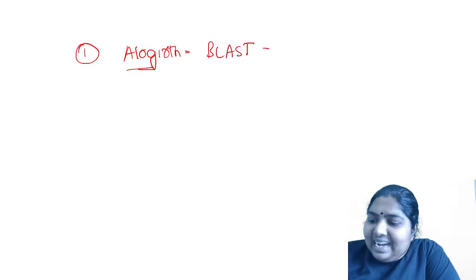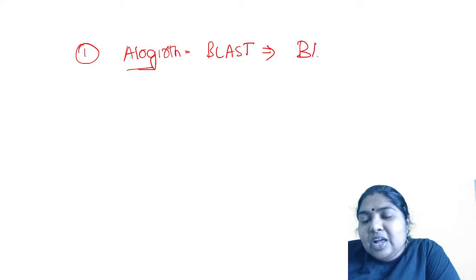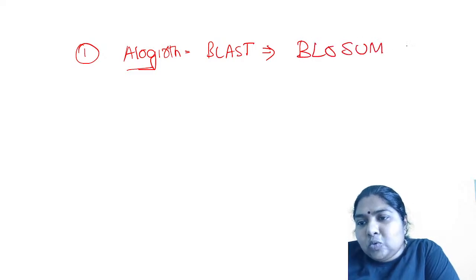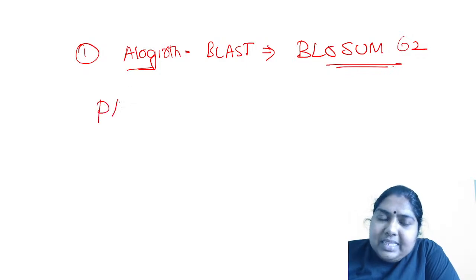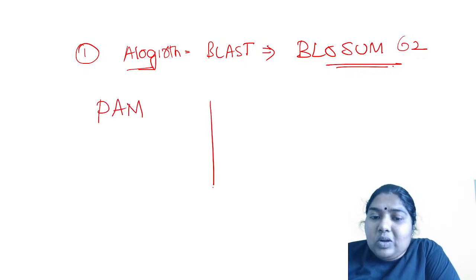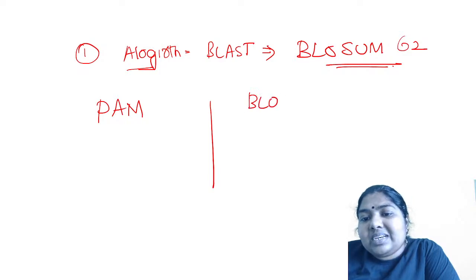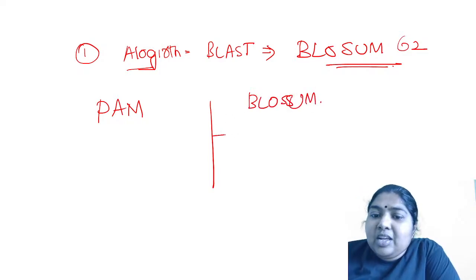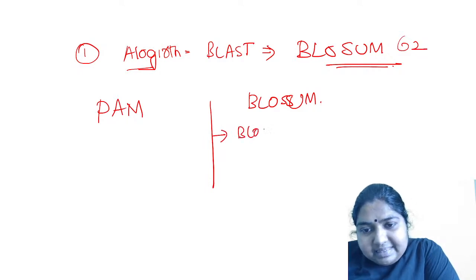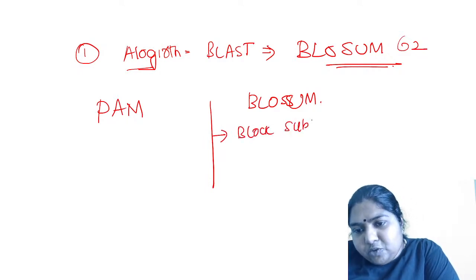The correct answer is going to be your BLOSUM 62. Then we saw the two matrices. One is PAM and the other one is BLOSUM. I told you that BLOSUM is nothing but the block substitution.